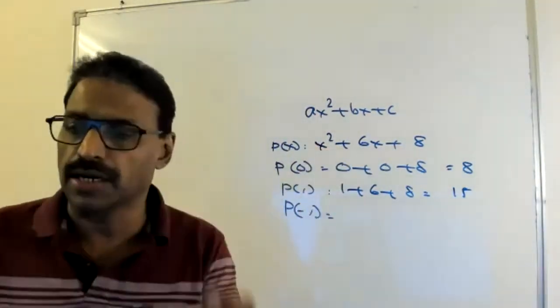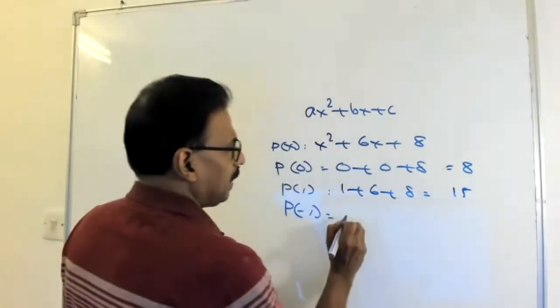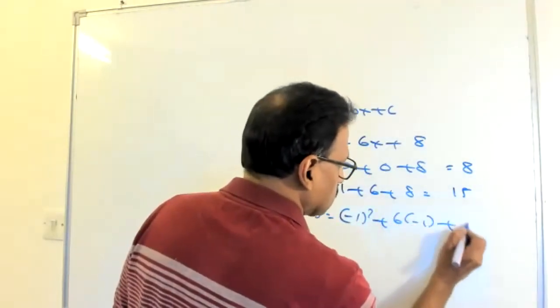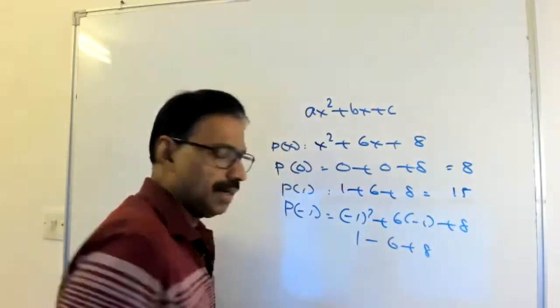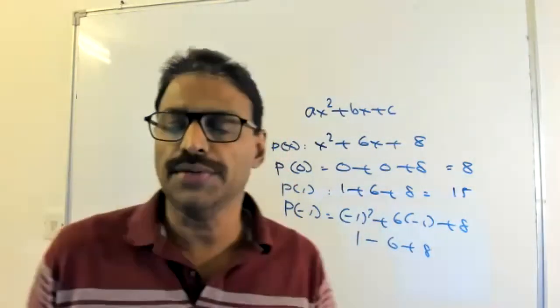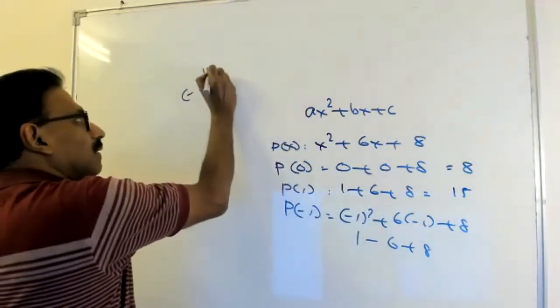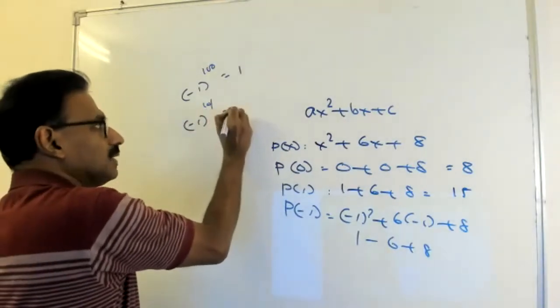Then I substitute P of minus 1. I'm just giving the values, positive and negative. Minus 1 square plus 6 into minus 1 plus 8. Minus 1 square is positive, minus 6 plus 8. You remember, minus 1 raised to an even number is positive. Look, minus 1 raised to 100 is 1. Minus 1 raised to 101 is negative 1.